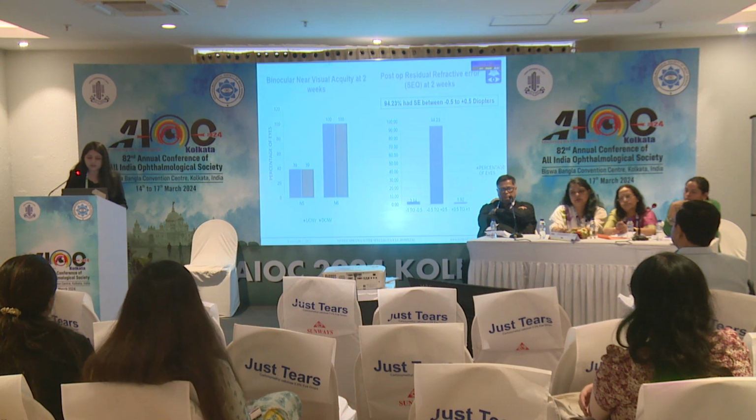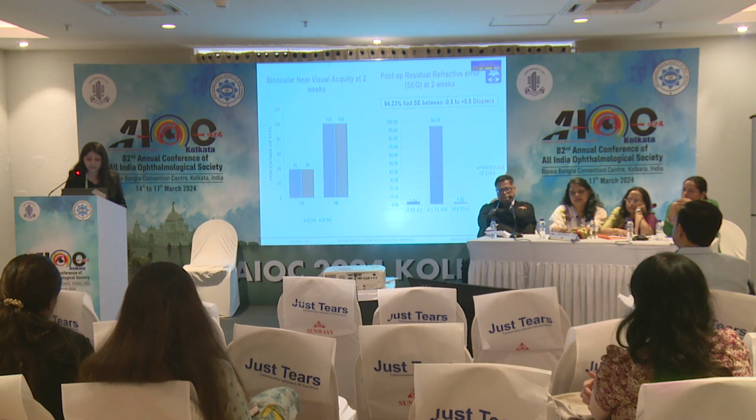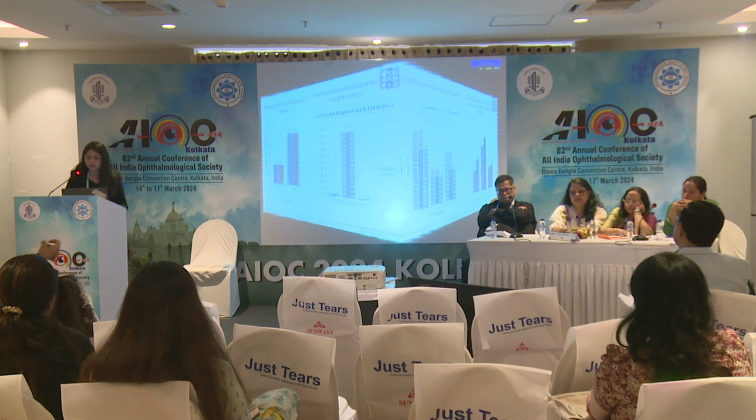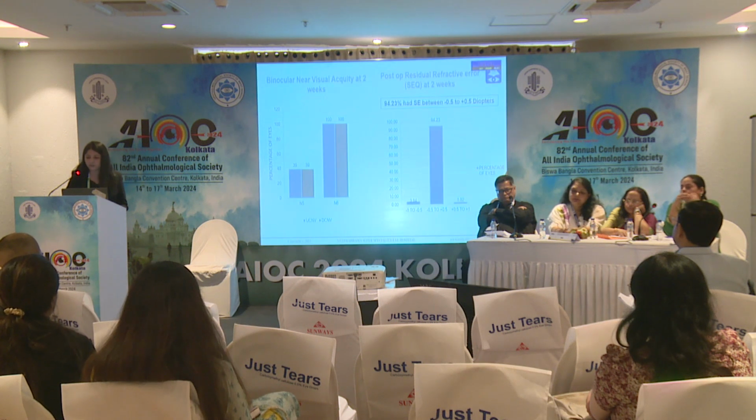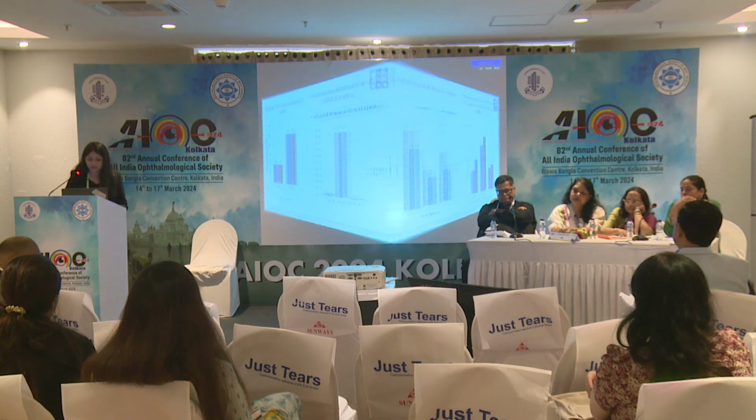We also studied the near visual acuity, where all the patients had a near visual acuity of N6 or better, and some of them, like 39% of the patients, had a vision of N5 also. The spherical equivalent lay between minus 0.5 to plus 0.5 diopters in 94.23% of the patients.